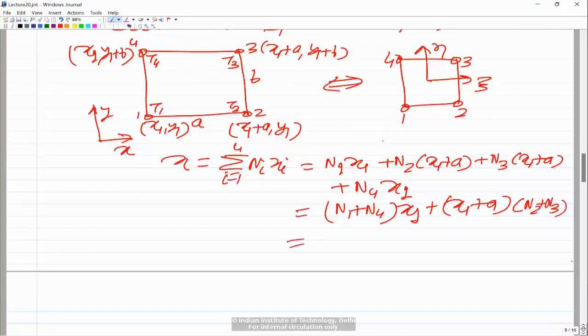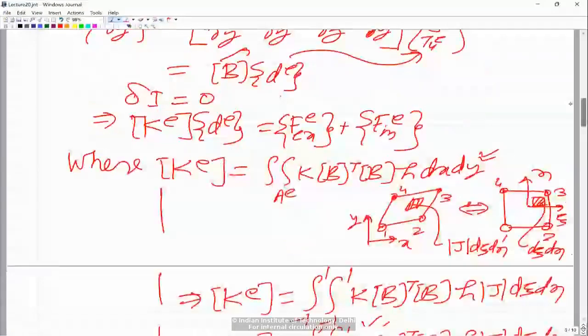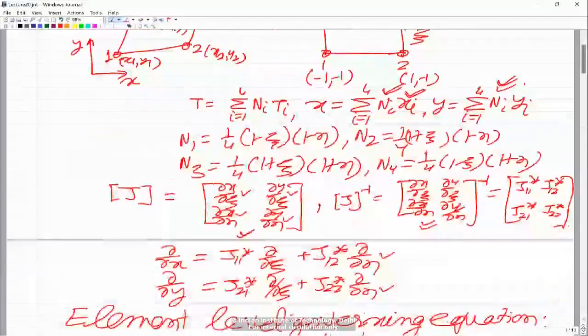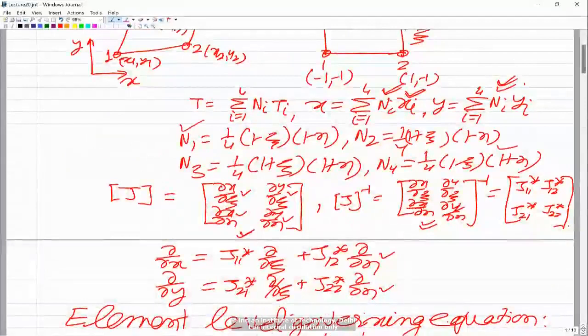Now if you look at the shape functions, if you remember, I have written the shape functions here. If you look at this n1 plus n4, you can take 1 by 4, 1 minus xi common, and then inside you will have 1 minus eta plus 1 minus eta.